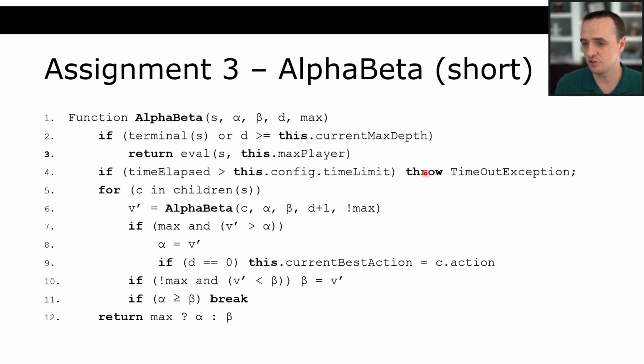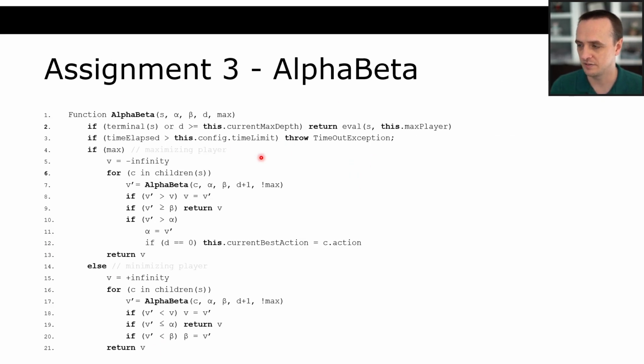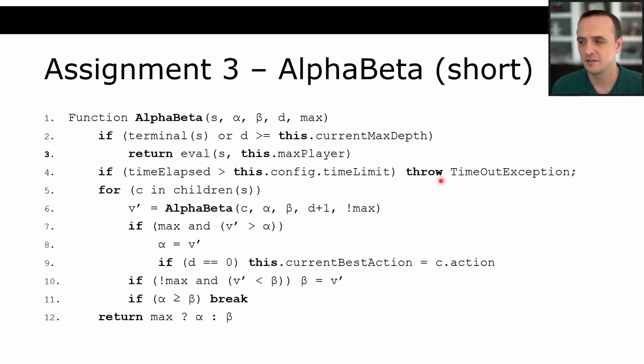Here's the shortened version of AlphaBeta. So you can put this in there if you want to. However, just understand that this version is going to be a bit harder to debug than this version. Typically, it's a good rule to know that the shorter your code, the more things are happening per line, and so the harder it will be to debug, basically. And AlphaBeta is kind of difficult to debug.